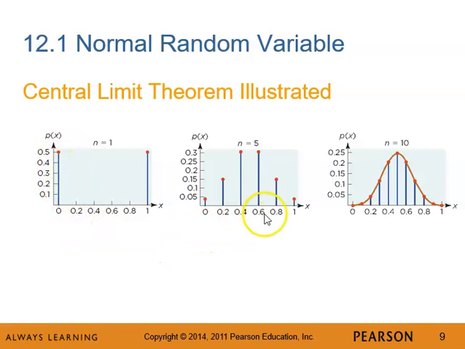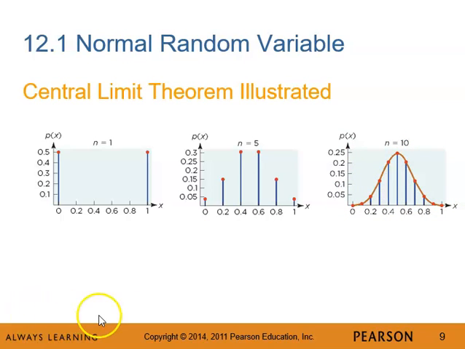But if you toss it more, say 5 trials, this creates a better normal shape as the probabilities are distributed well. And if you have more trials, 10 trials, that actually creates an even better shape of a normal distribution.